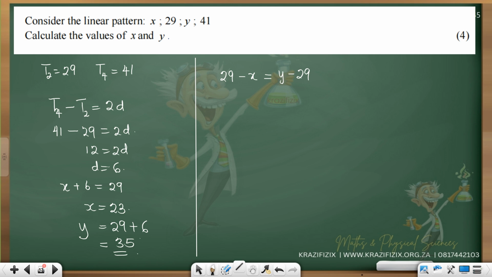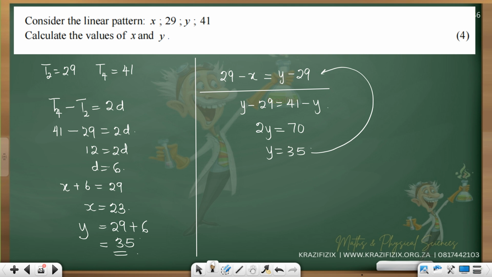But another way that you could do this, since I have two variables, is to work with the y. Y minus 29 equals 41 minus y. This one would still work, where your 2y would be 41 plus 29, and that would be 70. And then y would be 35.